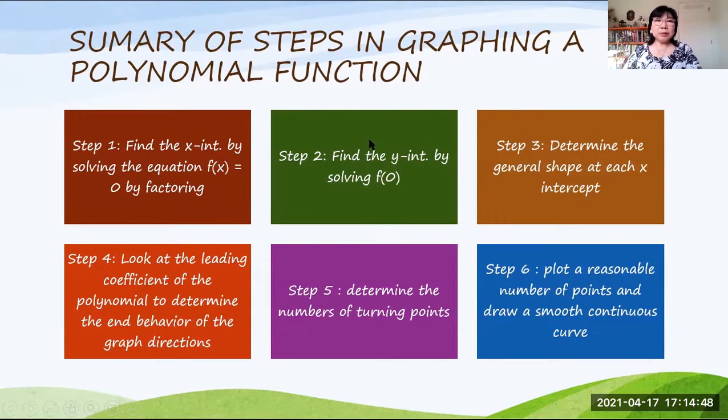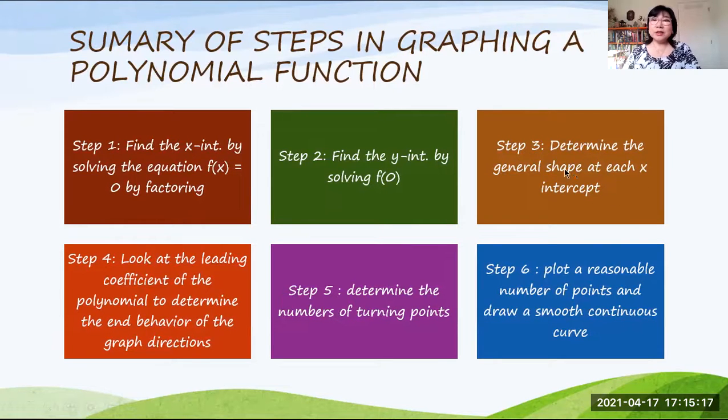So now step 2, find the y-intercept by solving f of 0. What does that mean? It means we will set x equals 0 to solve for the y-intercept, because we know that when x is 0, y is something. So that's how you find the y-intercept, by setting x equals 0 and solving for y.